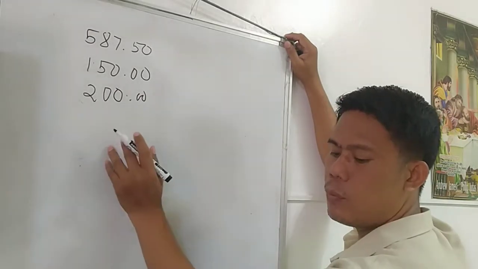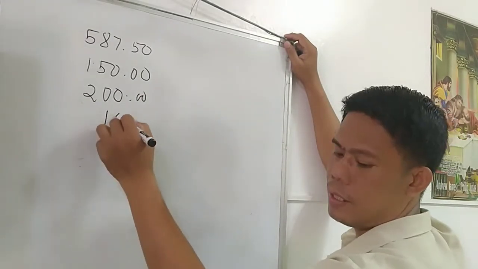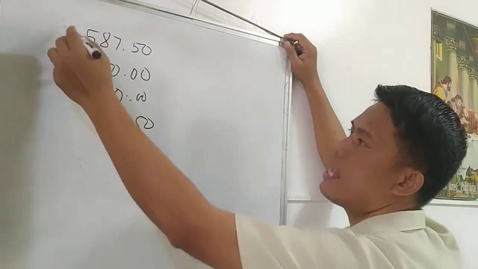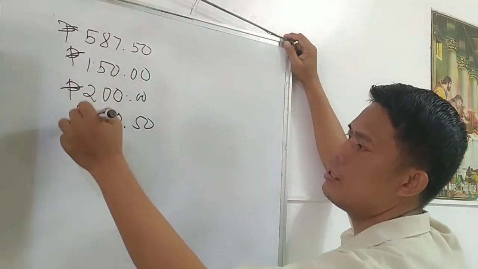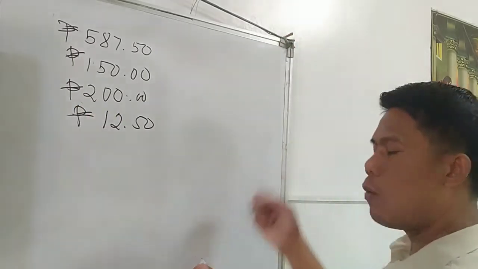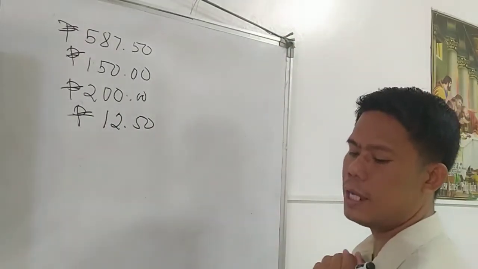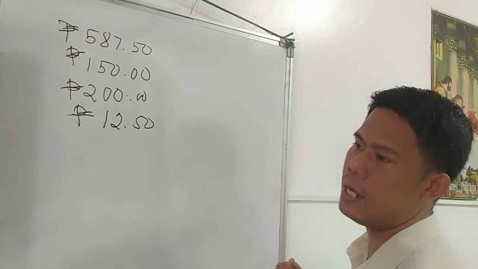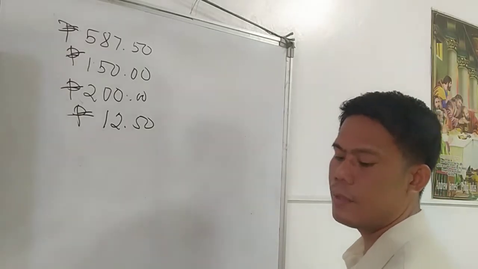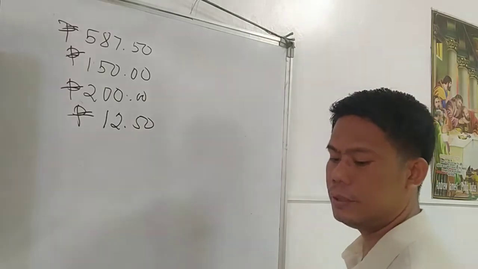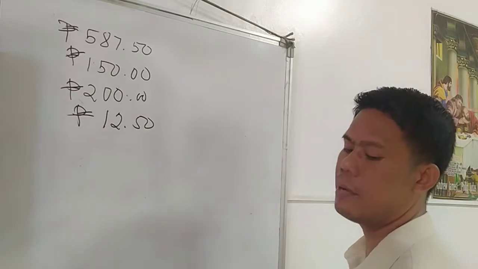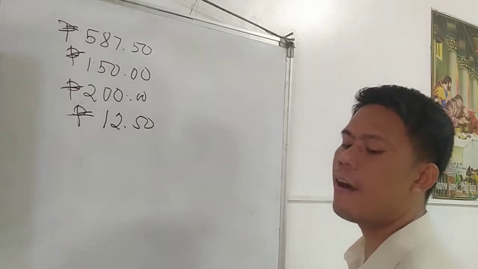And then we have 12 pesos and 50 centavos. Okay, so these are the given facts. Now, what is asked in our problem number 1? Problem number 1 asks about the number of days that Jay needs to save the rest of the money to buy the toy car.